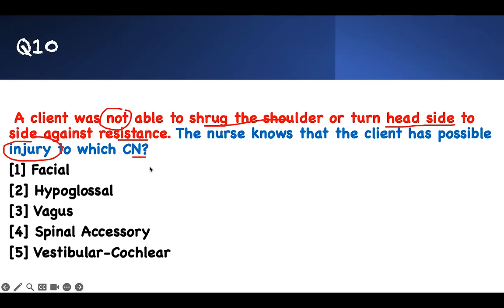If you can't do that, there's something wrong. Facial nerve, we saw it does not do that. That's movement of your face and sensation of your tongue. Movement of your tongue is hypoglossal. Vagus is speech and swallowing. Accessory is the shoulder muscle. And this one is usually balance and hearing. Balance and hearing, vestibulocochlear. So this is the accessory nerve.